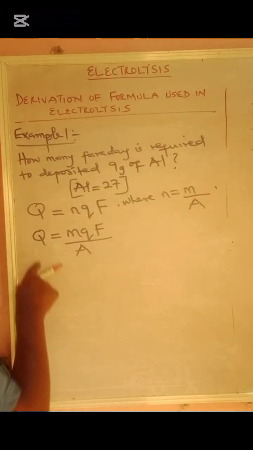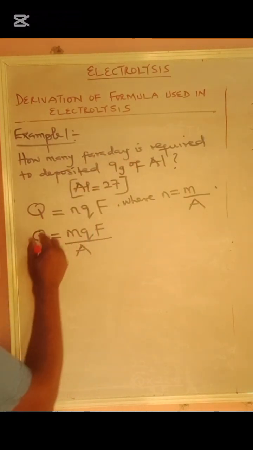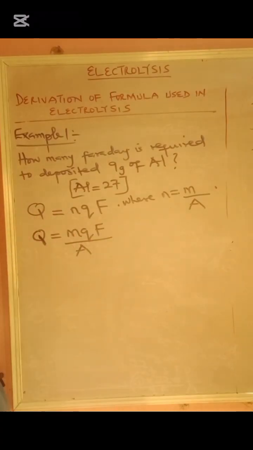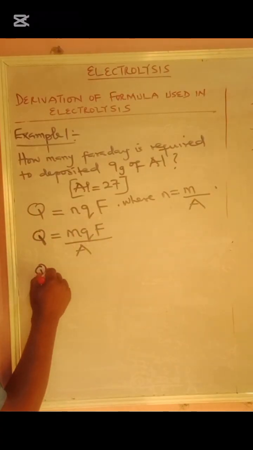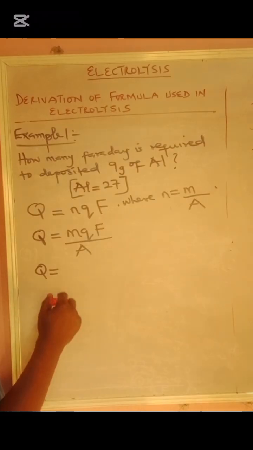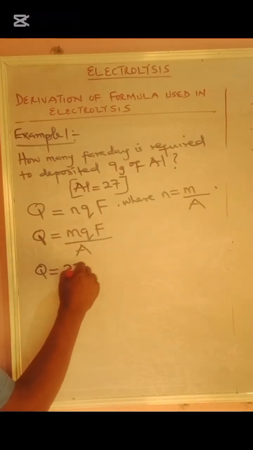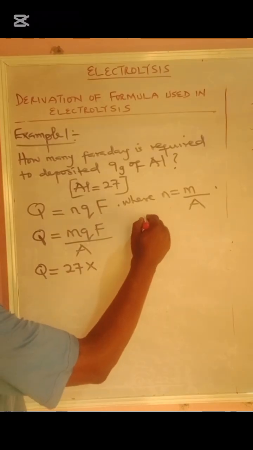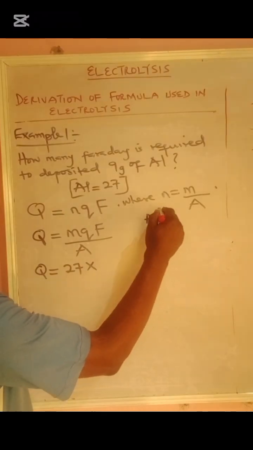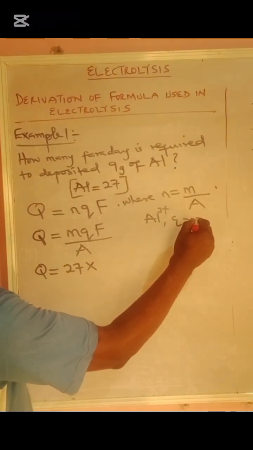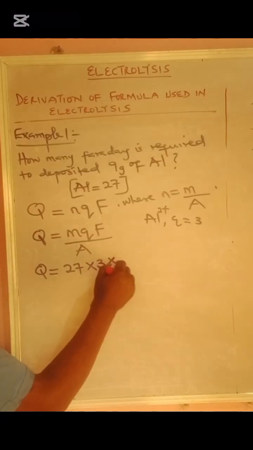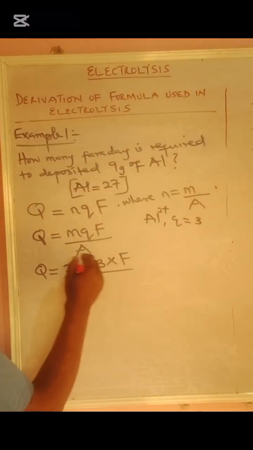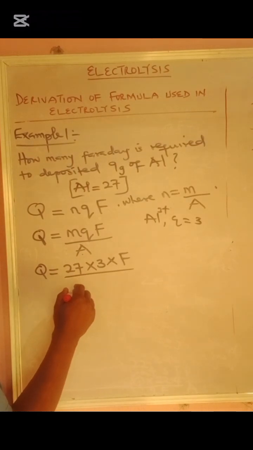So you have to find Q. How many Faraday? That is, they want the quantity of electricity in Faraday. So you say Q is equal to, what is the atomic mass? 27. What is the charge? Aluminium is 3+, so Q is equal to 3. So you say 3 Faraday over atomic mass.